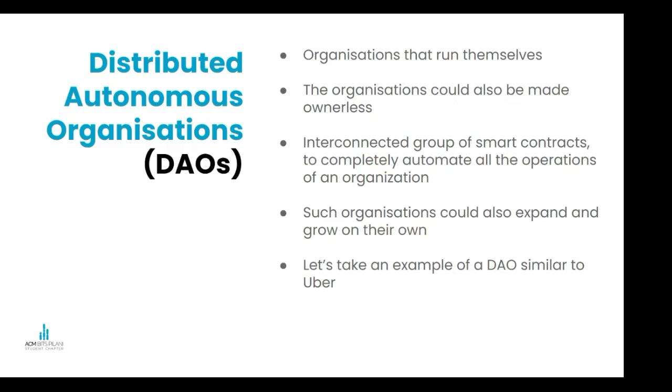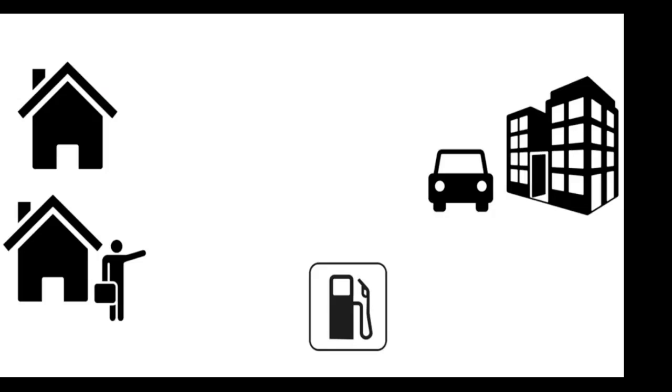So let's have a look at an example to see how DAOs look, and how they could be made a possibility. Imagine a DAO similar to Uber that provides taxi services to people. For example, this person needs to go from point A to point B, and he wants a ride.